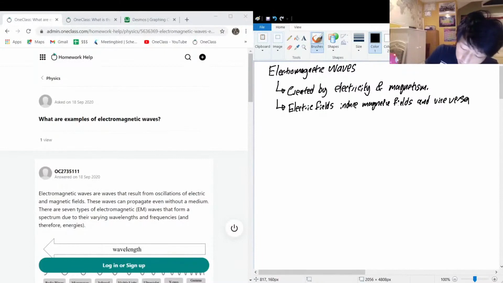So let's say we have red for electric, and we have magnetic blue.